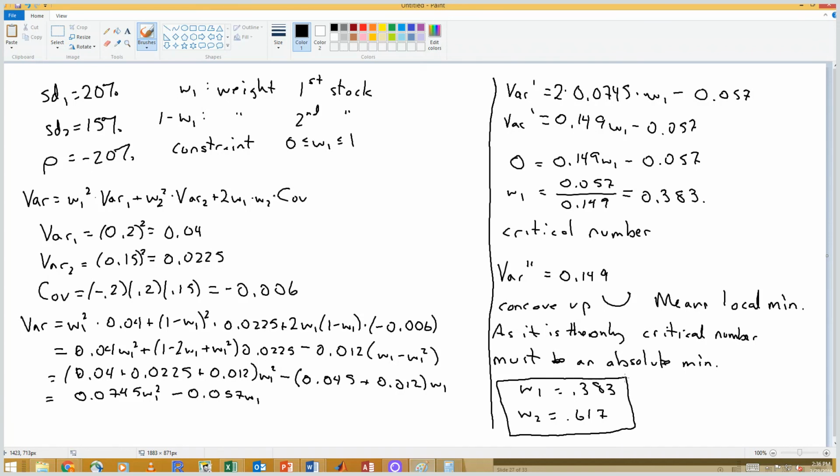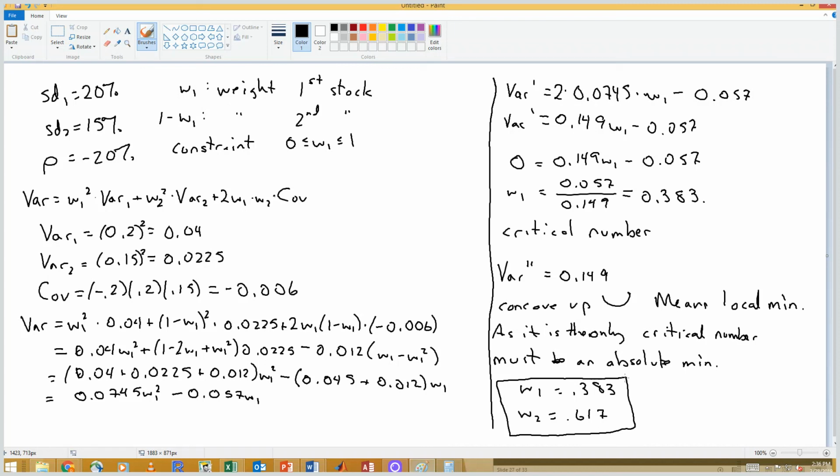Now in this particular instance, thinking about our constraint, 0 is between W1 and W2. This is within that constraint. So this satisfies the constraint we have. It satisfies the domain we are allowed for W1.